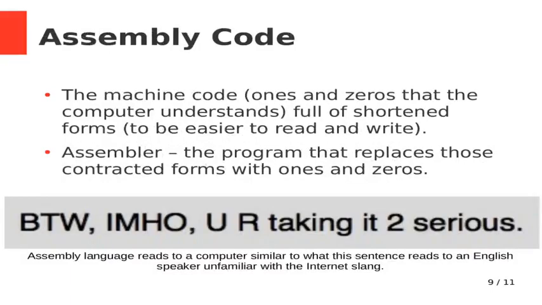So the compiler, in the strict sense of the word, outputs assembly code. Now, assembly code is machine code, ones and zeros that the computer understands, full of shortened forms so that it is easier to read and write. And an assembler is a program that replaces those contracted forms with ones and zeros. Of course, modern assemblers do a lot more than that, but that's basically what they do.